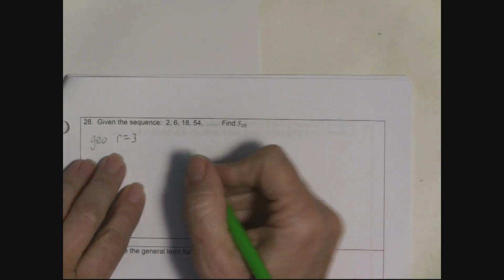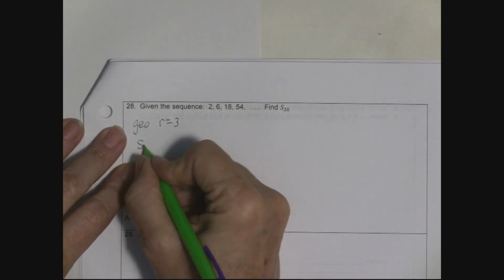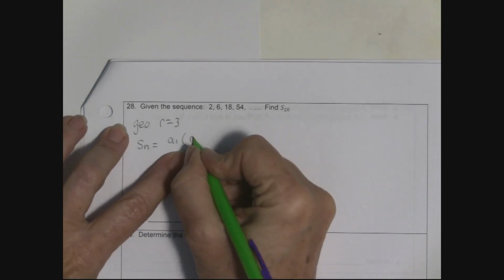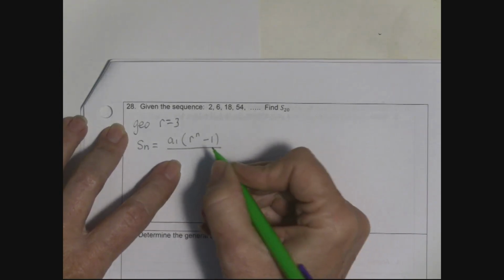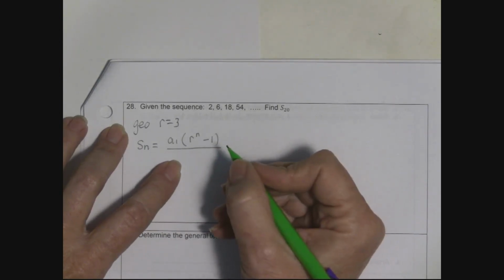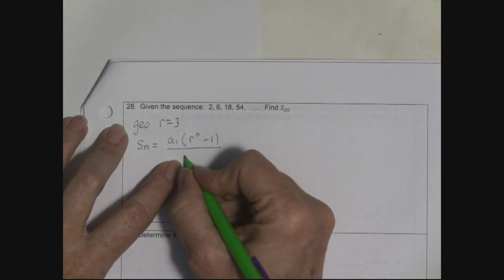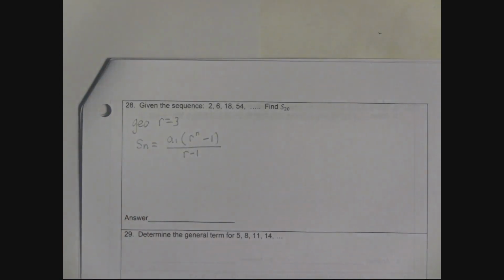And so the formula for S20, the formula for Sn is equal to a1 times r raised to the n minus 1, divided by r minus 1. Is that right? I think it is, right?